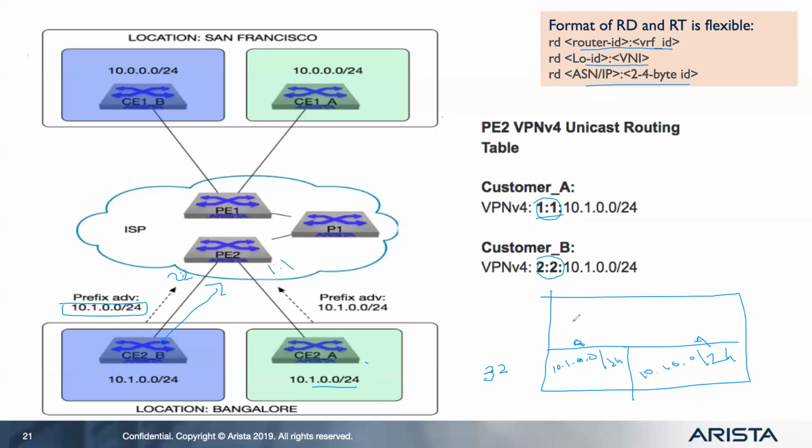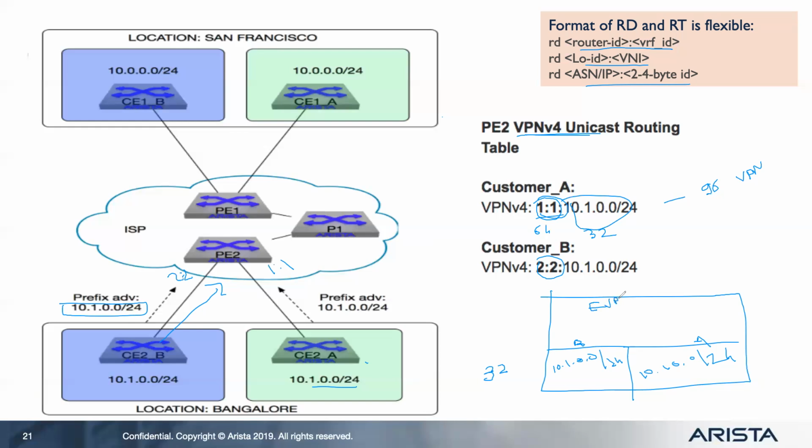Now we combine this 64-bit route distinguisher with the 32-bit prefix, so in total it will be 96 bits, which is called a VPNv4 route. So the combination of RD plus IP prefix, 96 bits, is called a VPNv4 route. This route will be installed in the EVPN global table.